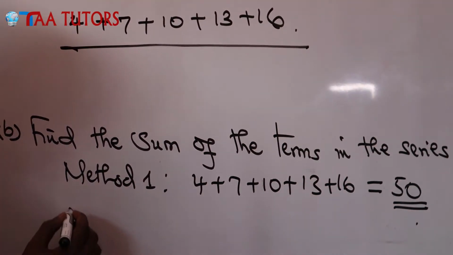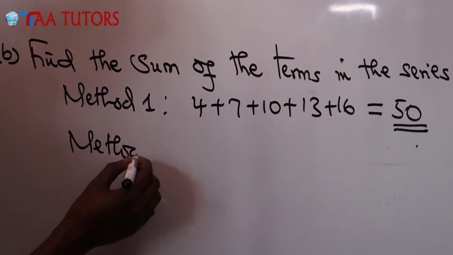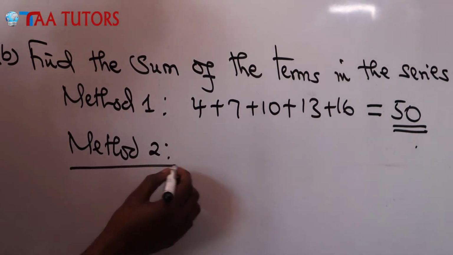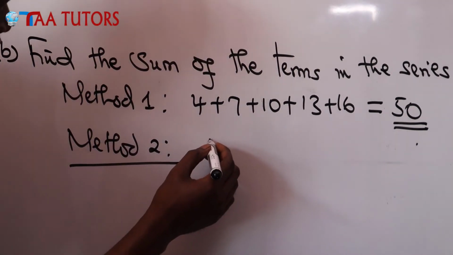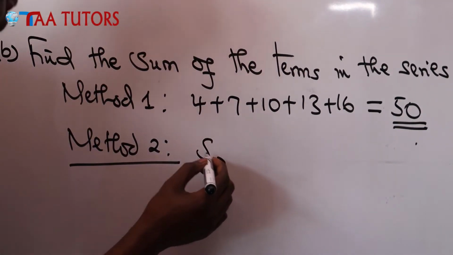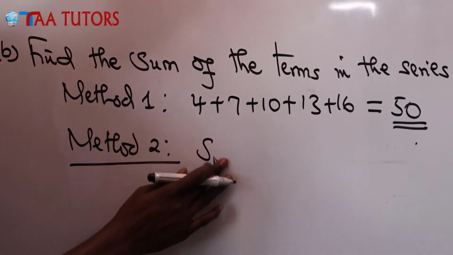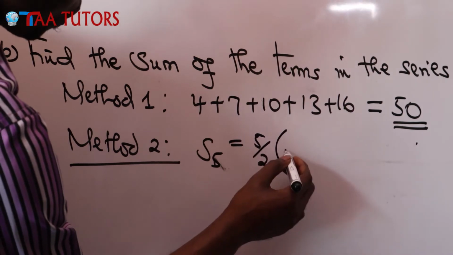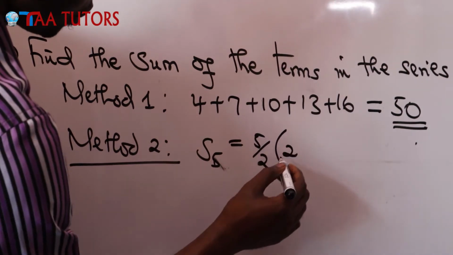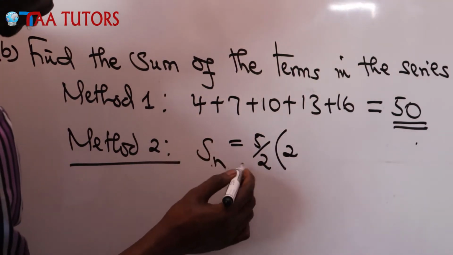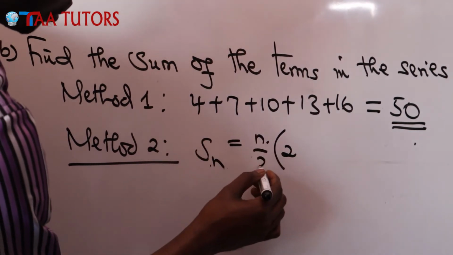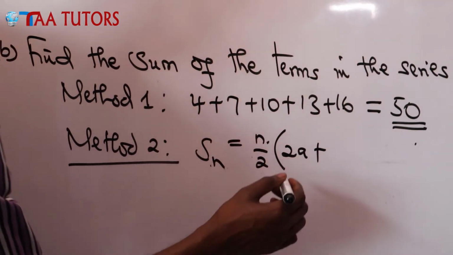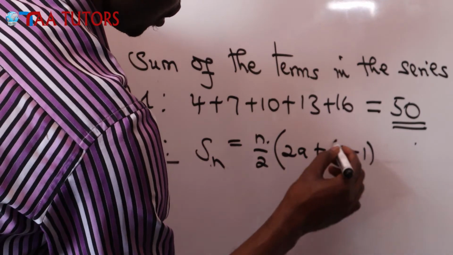But you can also use the formula method. The formula method is method 2. Let me give the formula first. The sum of n terms is n over 2, times 2a plus n minus 1 times d.